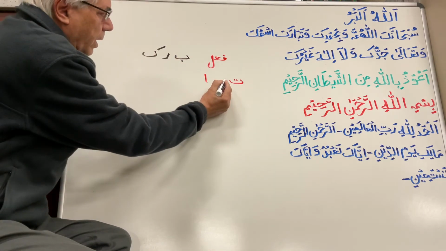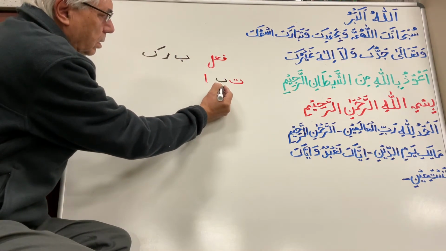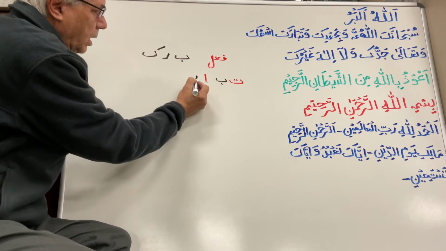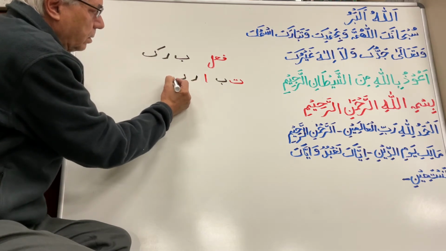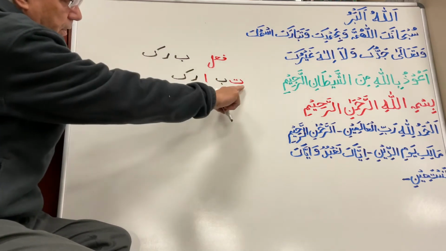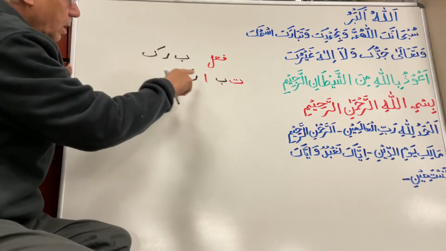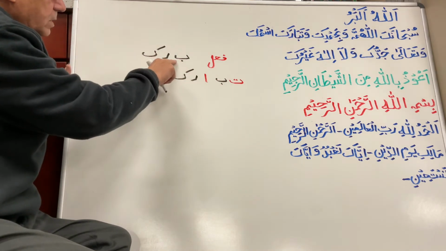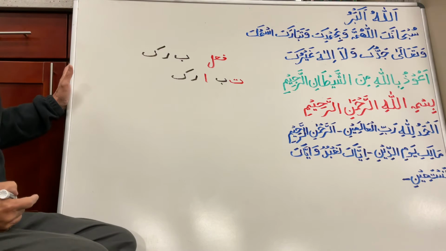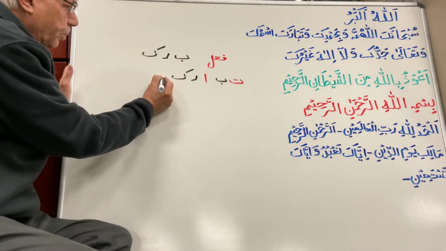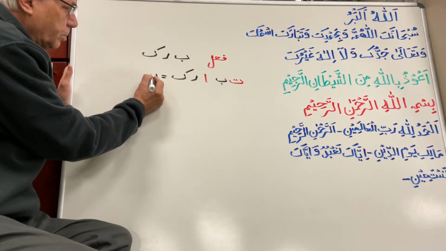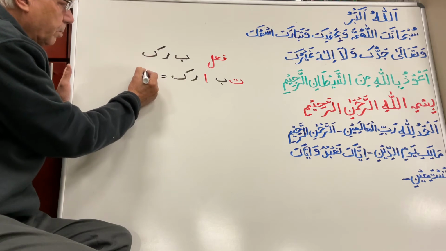Here I am putting ba here, ra here, and ka there. So I am adding in the beginning a ta, and after the first letter I am putting in alif. Okay, so if I combine these, the word becomes tabaraka.